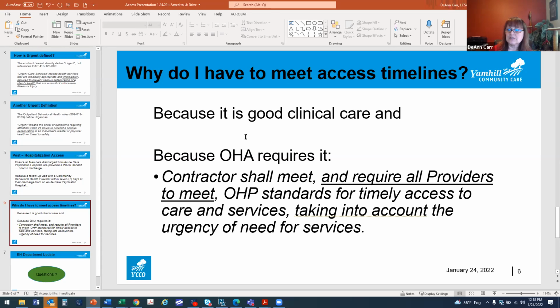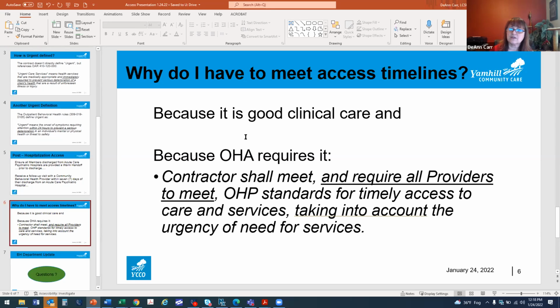And this is at the bottom of the slide, you see language that's directly from the OHA CCO contract, really stating what the contractor needs to meet and require all providers to meet.